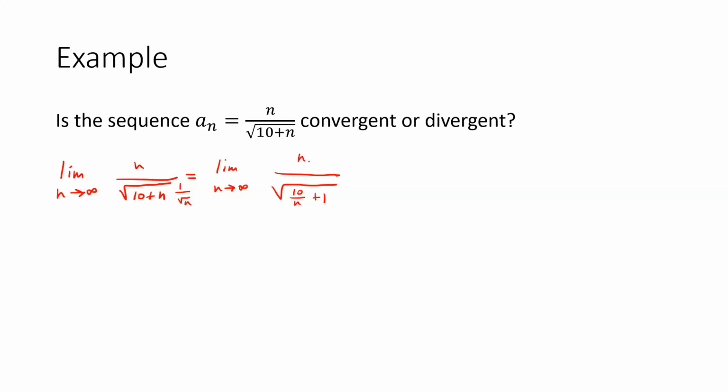So here if I do n times 1 over the square root of n, those turn into just the square root of n in the top. Notice now I don't get infinity in the denominator anymore. This goes to 0 plus 1, so I get 1 in the denominator, but the numerator still goes to infinity. So it's infinity. So this is divergent.